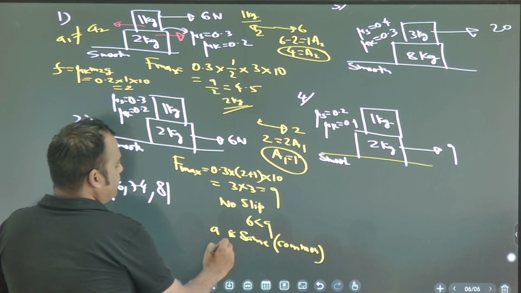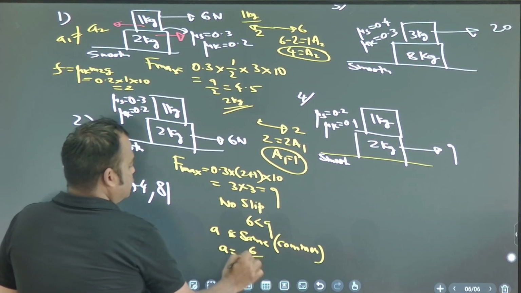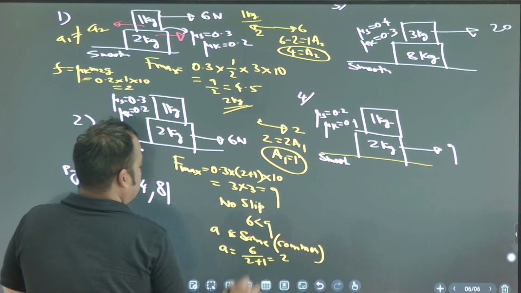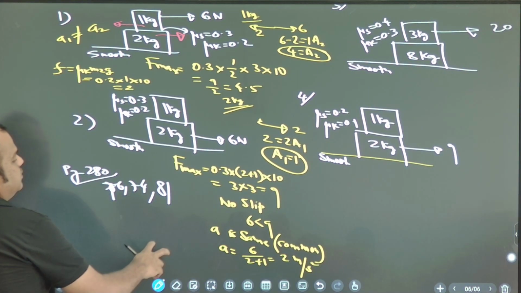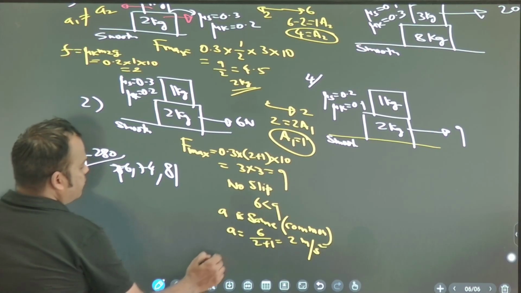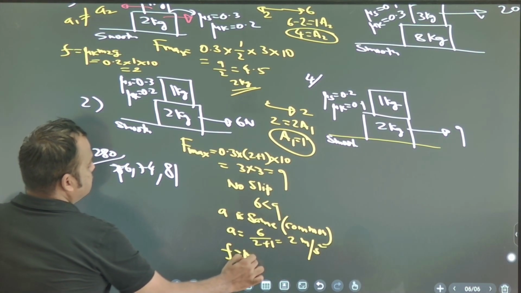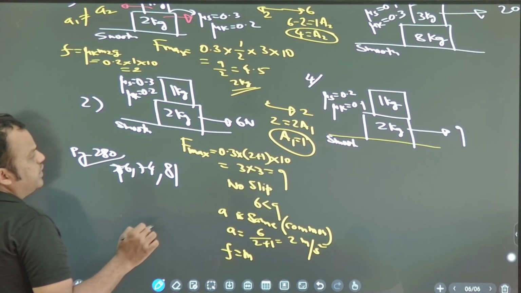So what is the formula for common acceleration? 6 by 2 plus 1, so 2 meter per second square. Acceleration is common. So what is the friction formula? M1A or M2A?